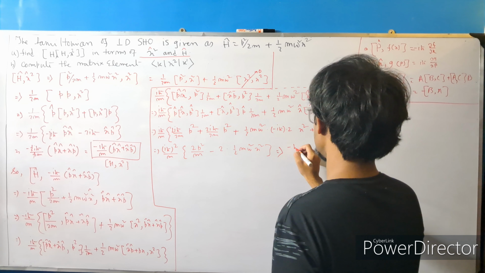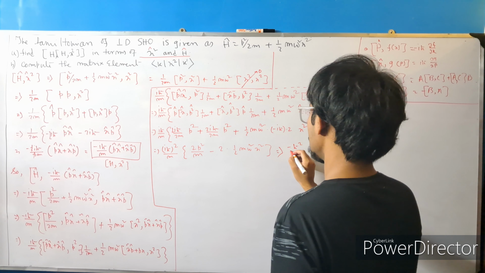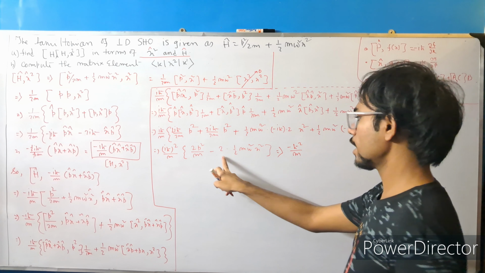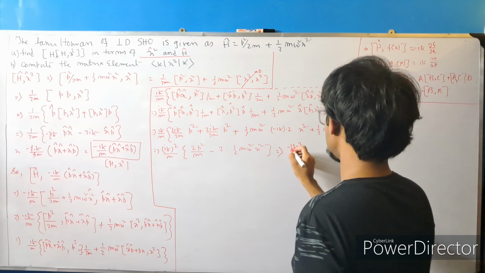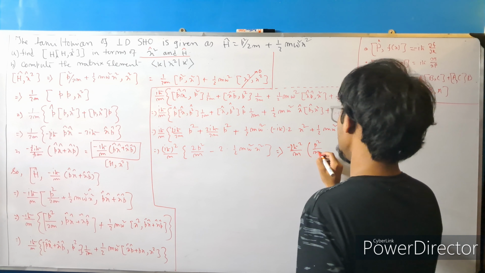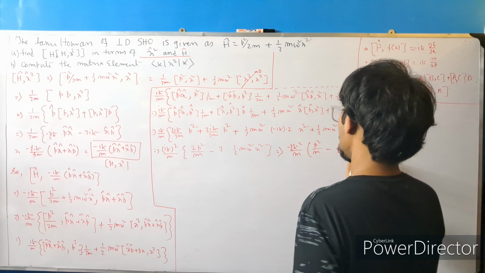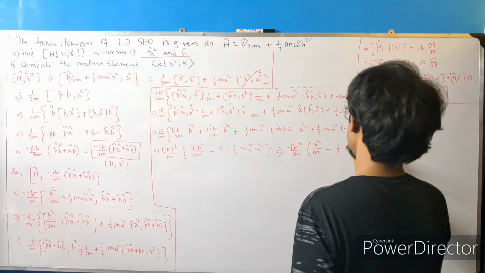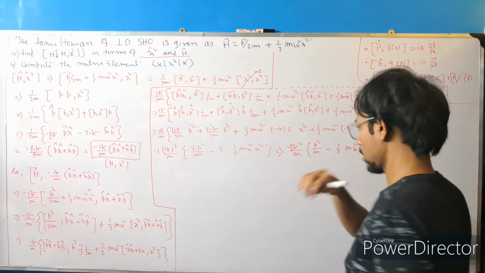So minus h cut square by m, and I can take the 2 as common. So 2 h cut square by m and p square by m minus half m omega squared x squared.